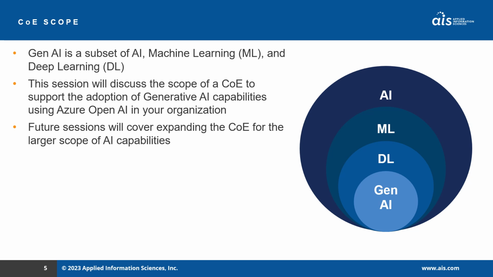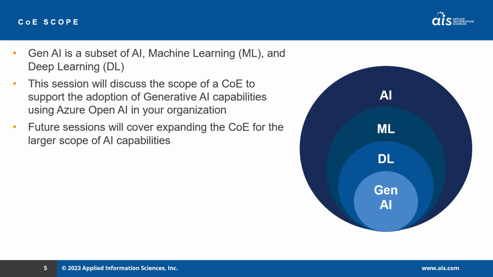It's been born of a series of innovations across not only artificial intelligence, but machine learning and deep learning as well. So when we think about a CoE, we want to think about the capabilities not only from the context of a generative AI perspective, but eventually across all the different components of your AI capabilities.